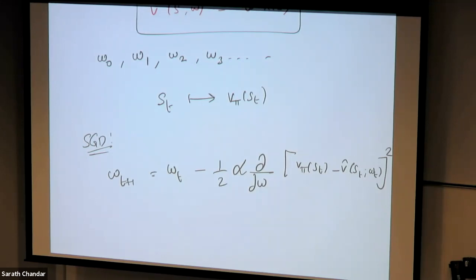First of all, I'm approximating the value error by just this one sample. If you think about VE bar, it is a summation over all possible states. Instead of summation over all possible states, I'm approximating, so that's why it's stochastic.